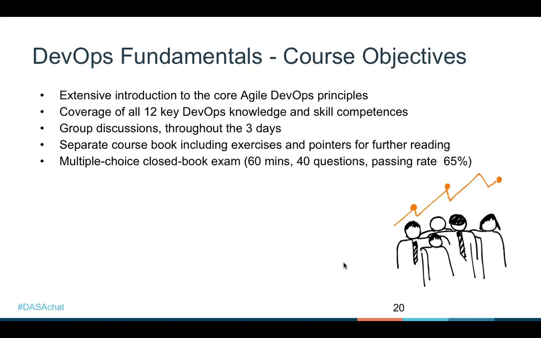And the objectives of this course are as follows. It should provide an extensive introduction to the core principles of Agile and DevOps. All the 12 knowledge and skills competence areas come one by one to the table. There's quite some interaction and discussions with the attendees throughout the 3 days, which is important because if it's only, let's say, sending knowledge in the classroom, then people can also read the book.